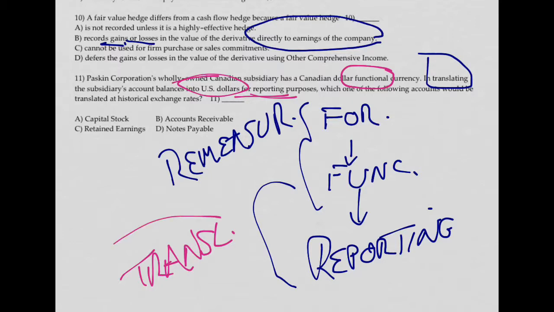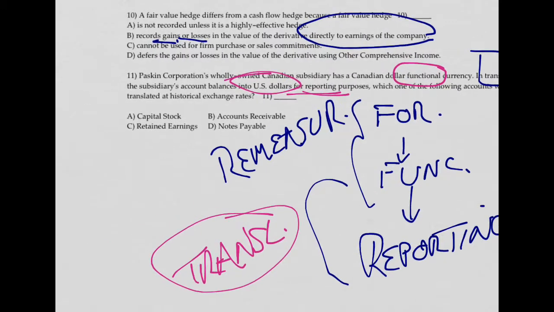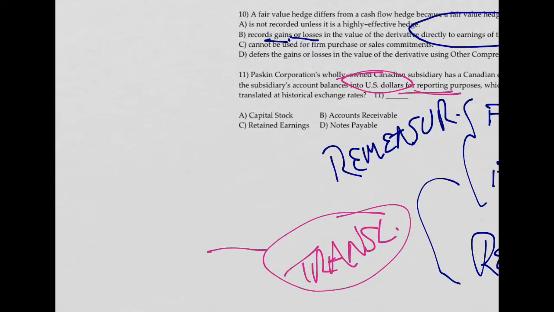So in the translation, in this case it could be either what we call the current rate method or the temporal method. I'm sorry, the current method would be here, and this is going to be the temporal method.